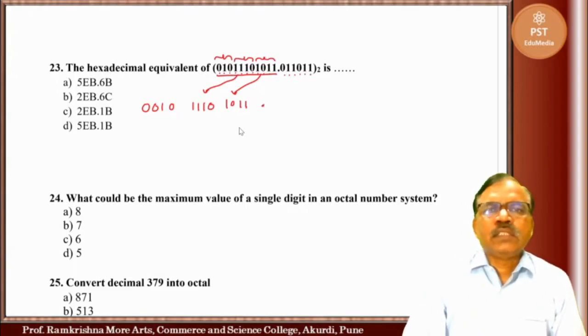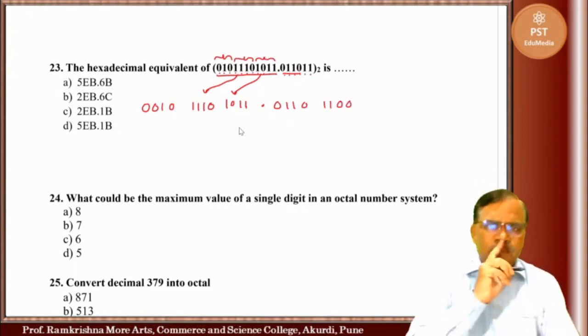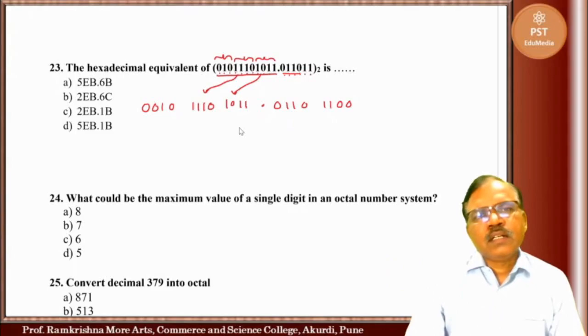Point. Now again group into 4. So here 0110, then 11, give here trailing zeros. No problem after the decimal point.